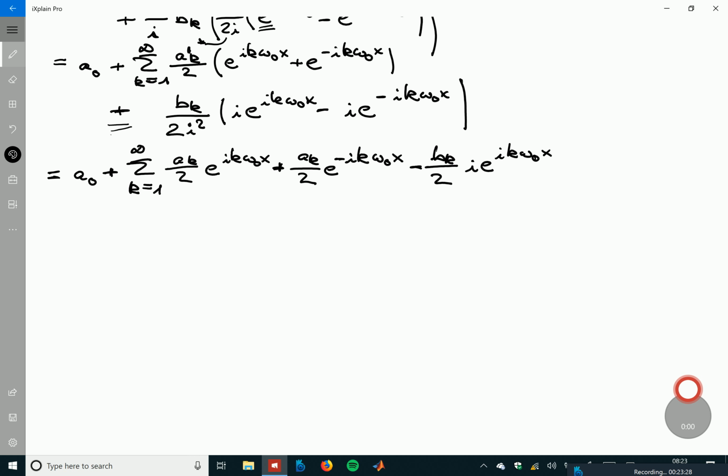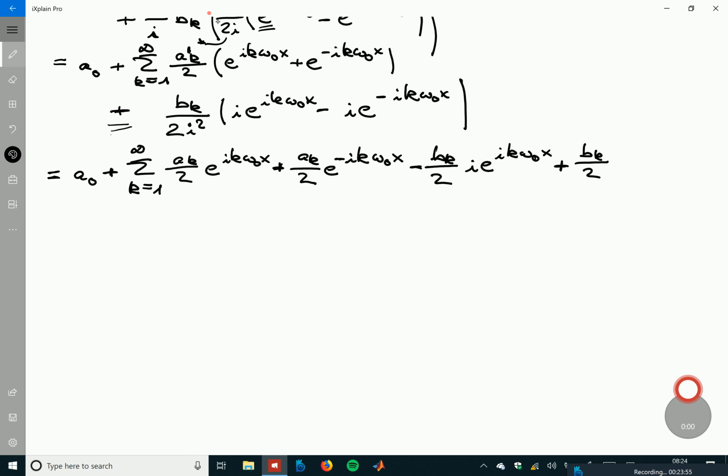We have a minus in front of brackets, so you know that the signs inside the bracket are reversed, so we get this, and our I we can leave there for the moment.